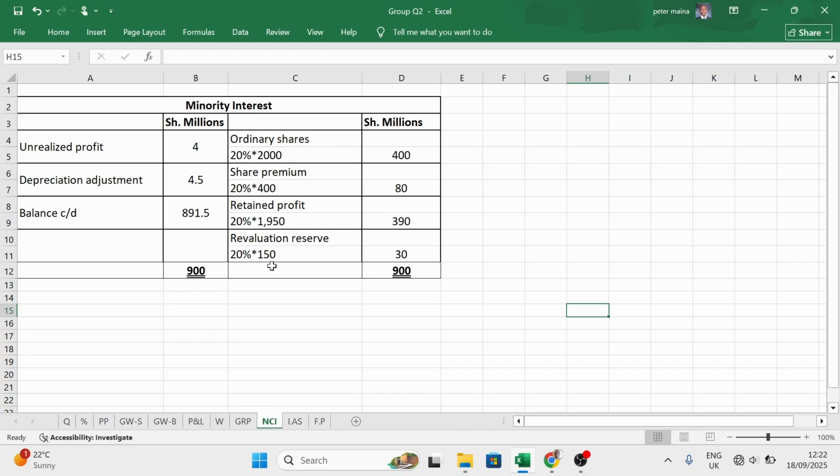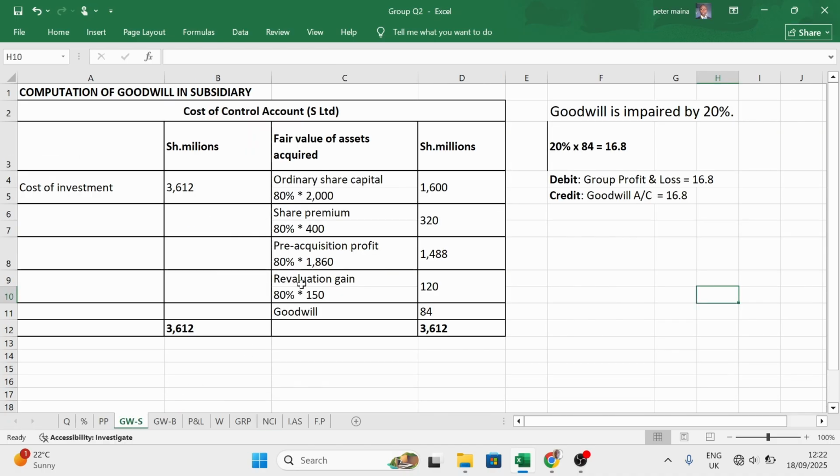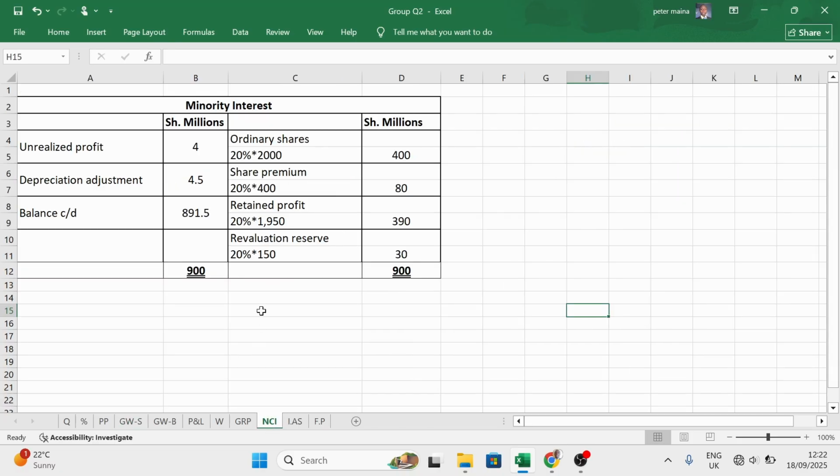Remember, when we were preparing the cost of control account, we took revaluation gain of 150. We took 80% because 80% was the share of the parent. So when you go to the minority, you're supposed to show the remaining part of it, 20%. So here we are bringing 20%.